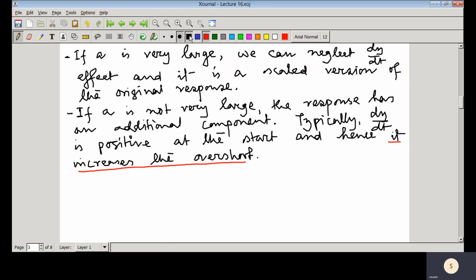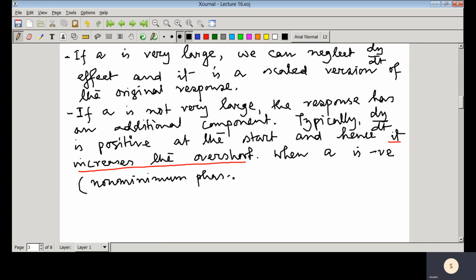When A is negative, the 0 is placed on the right half of the S plane. So this particular system is called a non-minimum phase system. We'll discuss it in detail later.